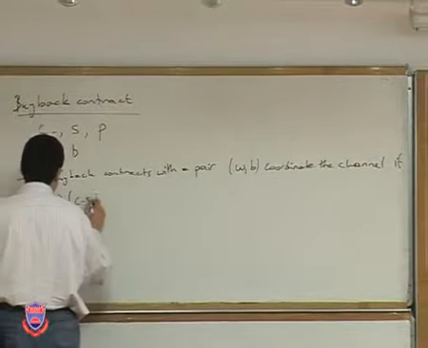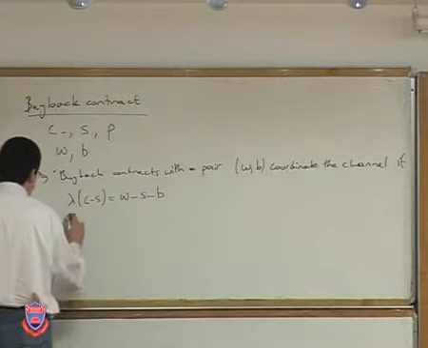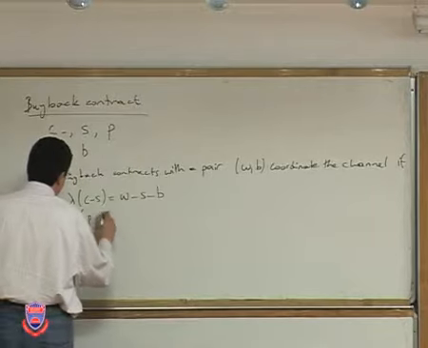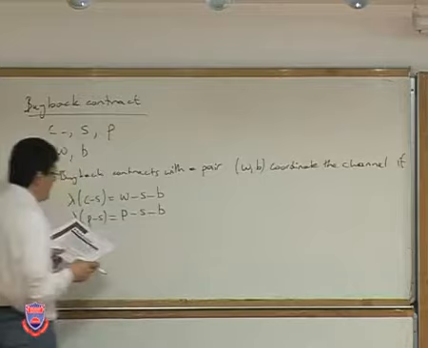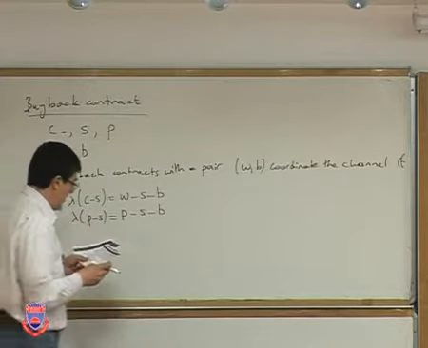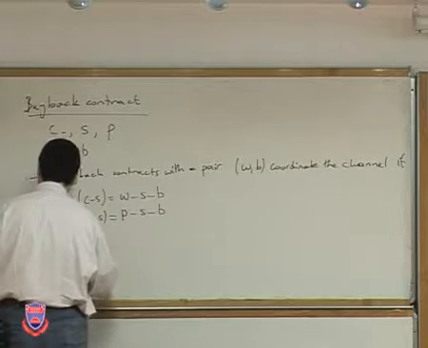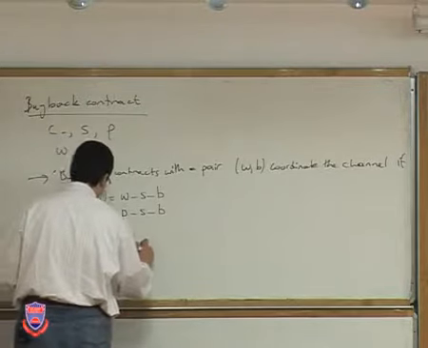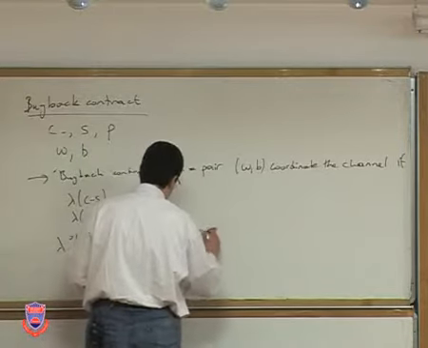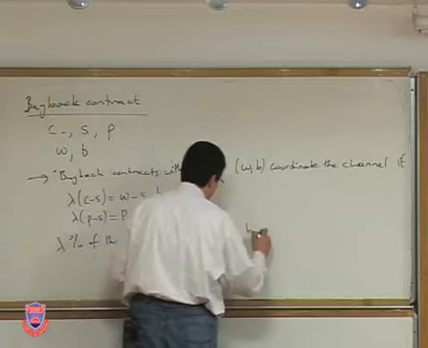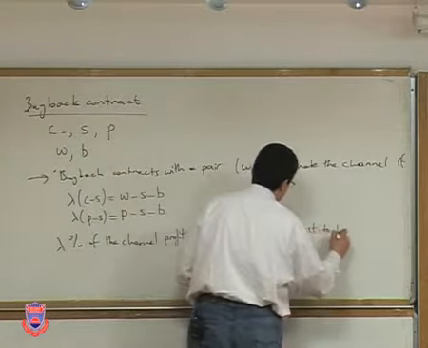Lambda (C minus S) is equal to W minus S minus B, and lambda (P minus S) is equal to P minus S minus B. In this case, lambda percent of the channel profits go to the buyer, and the rest to the vendor.